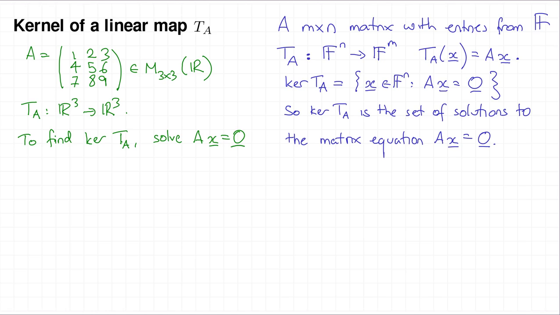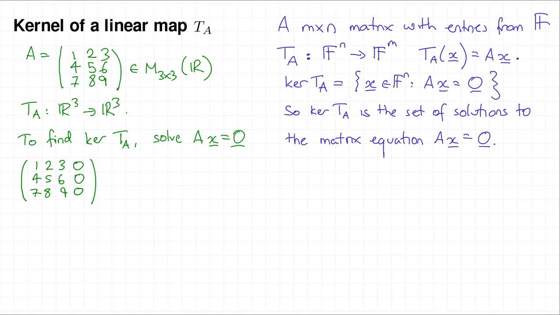So what we have to do is solve the matrix equation A times a vector equals 0. The row-reduced echelon form method is to form the augmented matrix. So here is that augmented matrix.